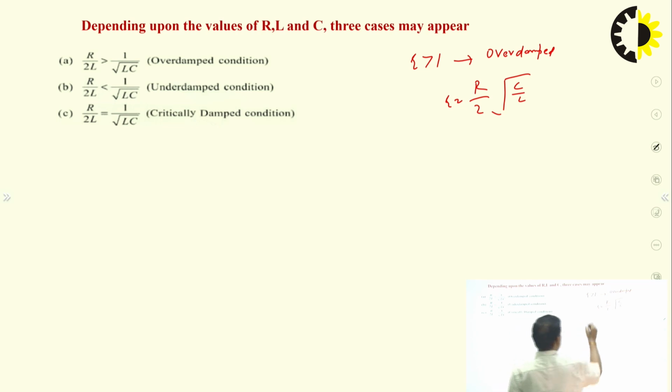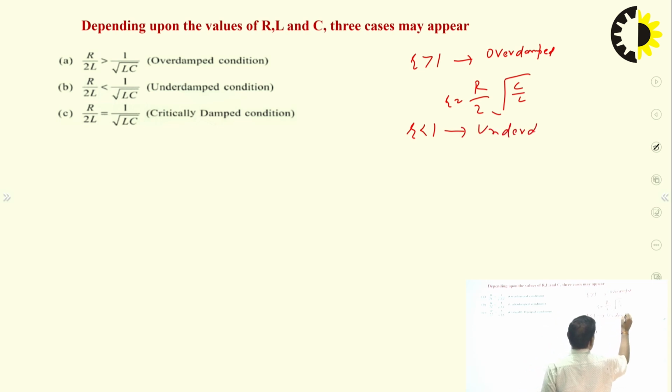When zeta is less than 1, it is underdamped. And when zeta is 1, it is called critically damped.